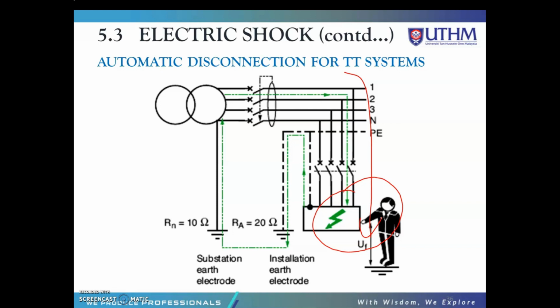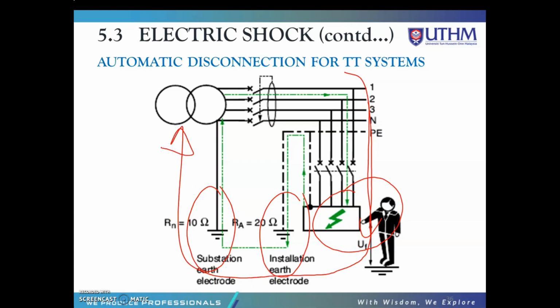The impedance of the earth fault loop consists mainly of the two earth electrodes, for example here the source and the installation electrodes in series. The loop is closed by the transformer winding, so the current will flow here and go back to the transformer windings and the power supply circuit. Logically, the impedance of this loop should be calculated for all the elements in series which make up this closed loop system.